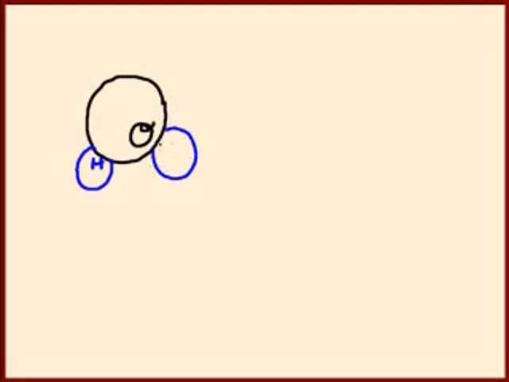So here I'm going to draw a large oxygen molecule, and we'll put here an O for oxygen, and connected to it we'll have some hydrogens. So we're going to put an H for hydrogen here, and another H for hydrogen. So this is our water molecule.